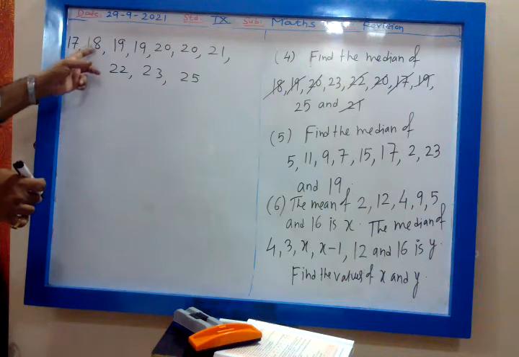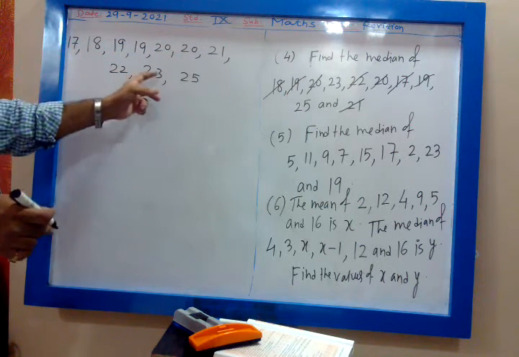How many data is given? 1, 2, 3, 4, 5, 6, 7, 8, 9, 10.